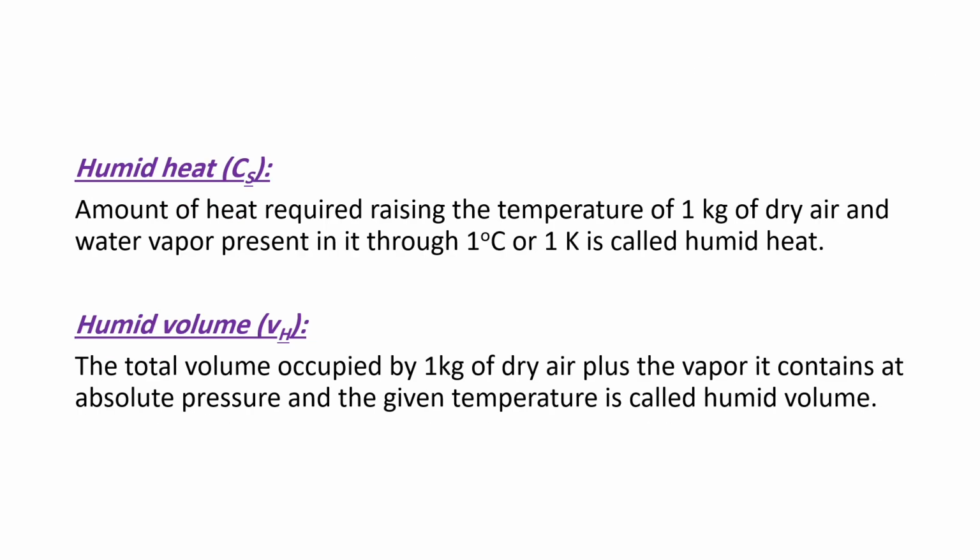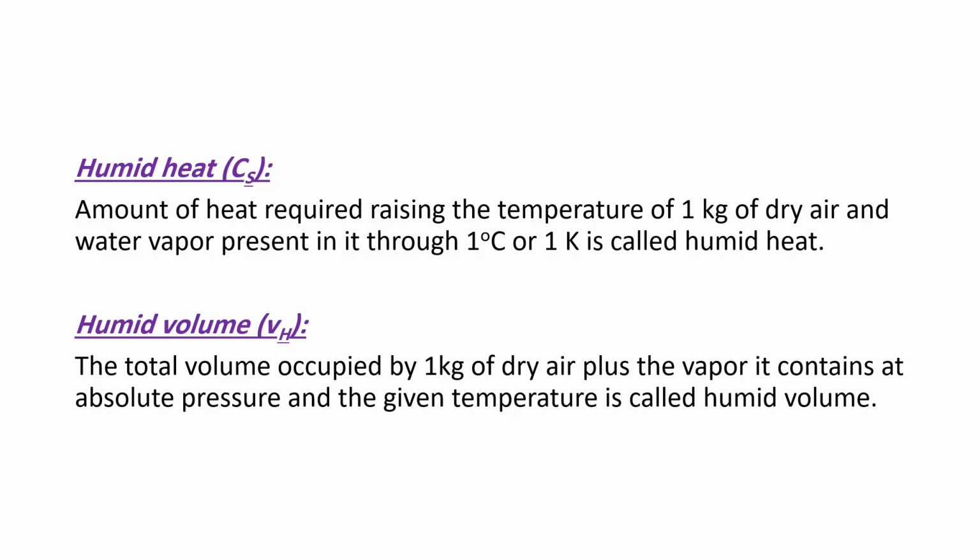Humid heat and humid volume. Humid heat is basically like heat capacity. It is the amount of heat required to raise the temperature of 1 kilogram of dry air and the water vapor present in it through 1 degree centigrade or 1 Kelvin. So this is what is meant by humid heat.